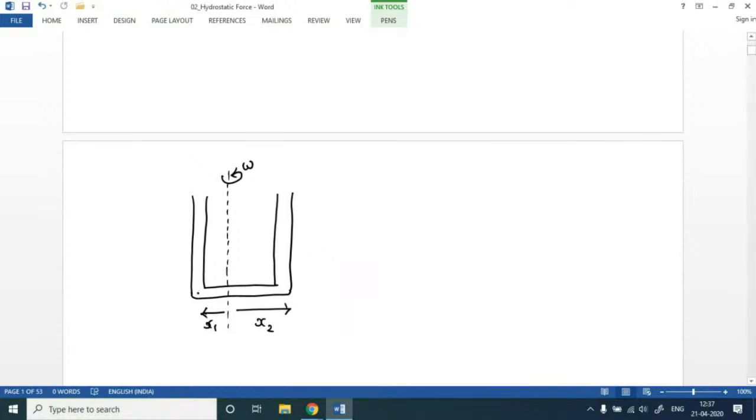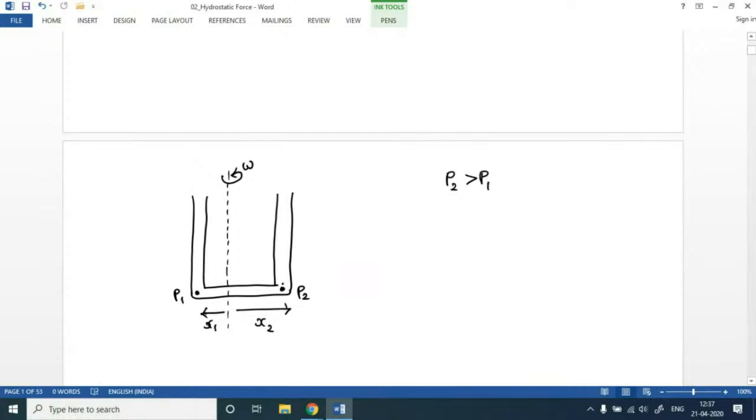The pressure at this point and the pressure at this point will not be the same. If this is P2 and this is P1, since point 1 is at a smaller distance from the axis and point 2 is at a larger distance, analytically we can say that P2 would be greater than P1.